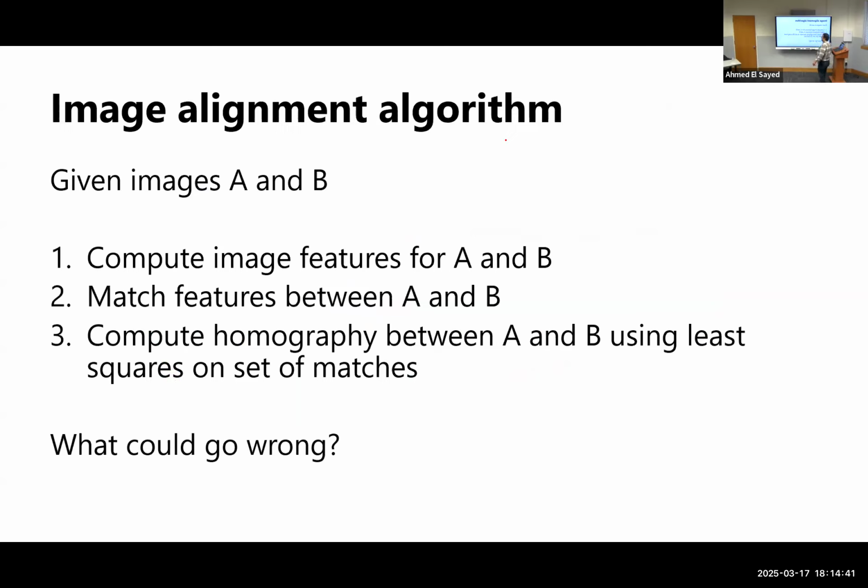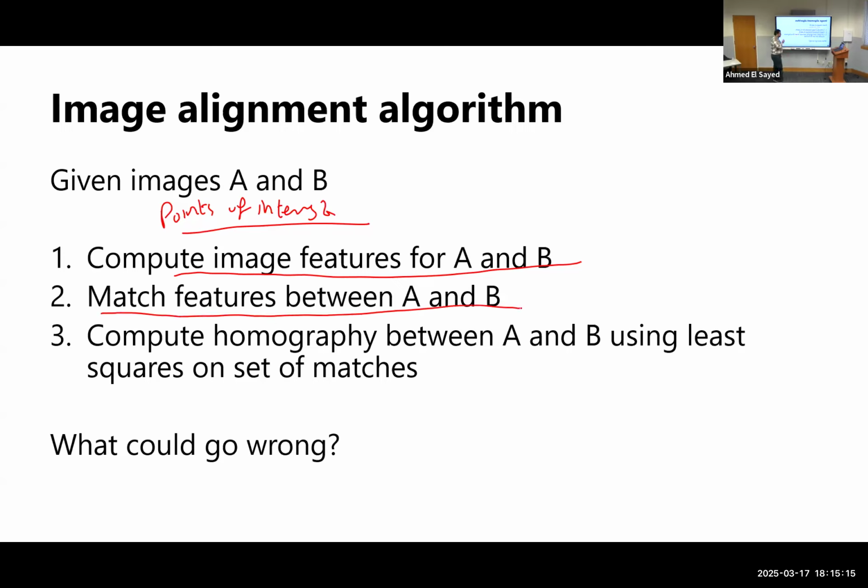So, based on what we have right now, what will be the steps to find the alignment or the transformation between the two images? First, I will find the points of interest. Based on those points of interest, I calculate the features. For those features, I will do the matching process as we discussed last time.